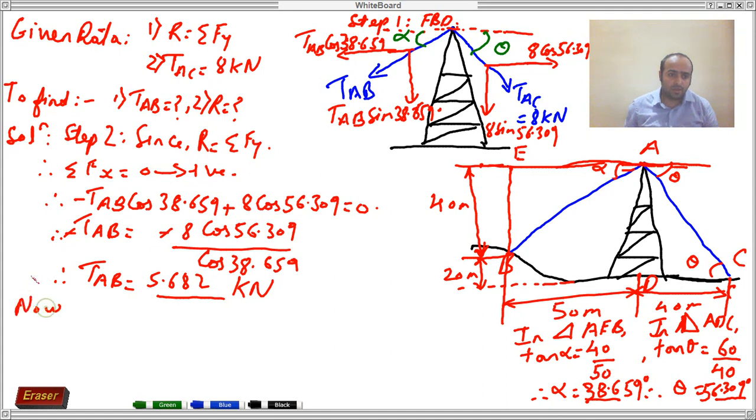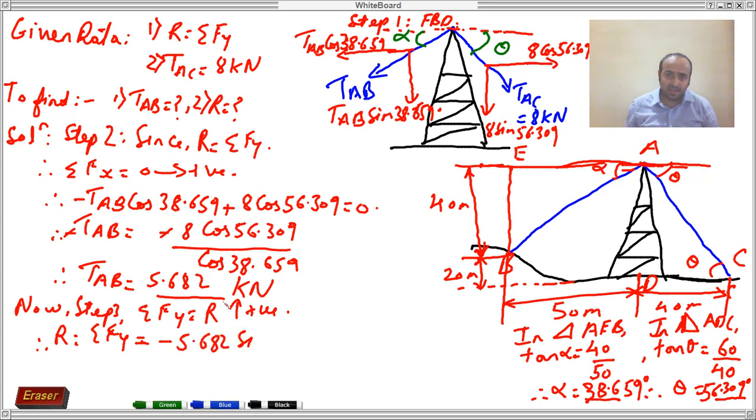Now step 3, summation Fy is equal to R. We will be considering upward sense as positive. Therefore R is equal to summation Fy, let us frame the equation now. It will be minus 5.682 sine of 38.659 minus 8 sine of 56.309.